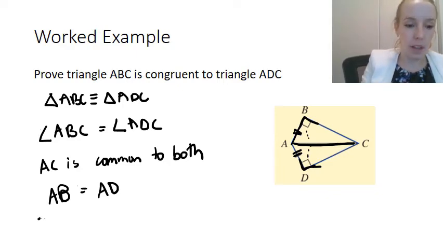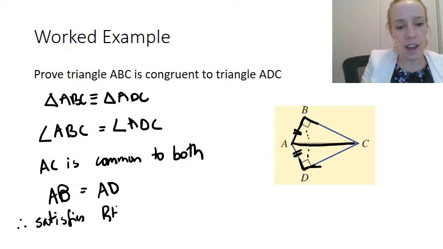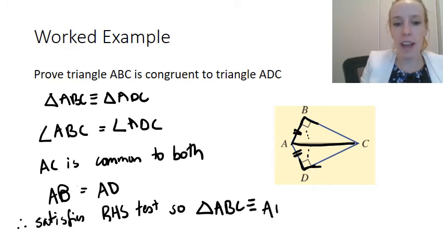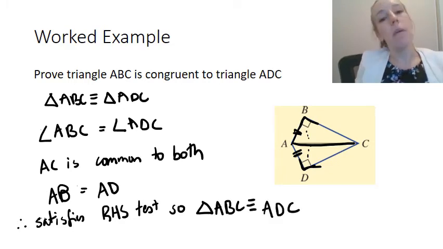So it satisfies the RHS test. So triangle ABC is congruent to triangle ADC. So that's how we've got some proof there.